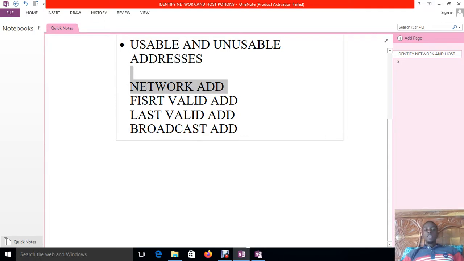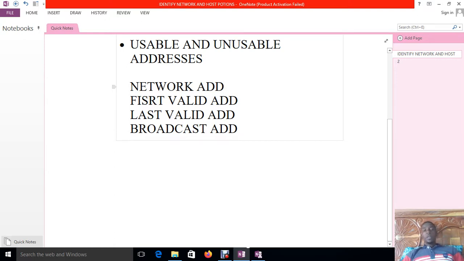They are invalid IP addresses. You cannot use them for any device. Now, the first address and the last address of each subnet or each network are not usable. I repeat, the first IP address and the last IP address of each network is unusable. They are invalid IP addresses, and they cannot be used by any device.